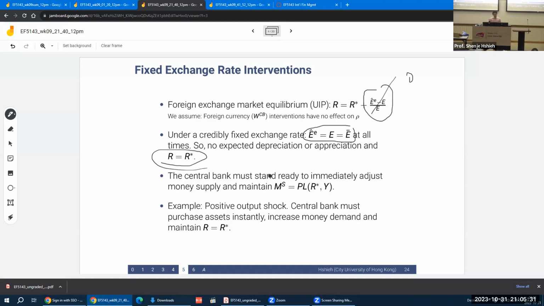So if a city or country decides to commit to a pegged exchange rate, that means this must be true forever. And therefore, the central bank has only one function, which is to maintain the peg at all costs.